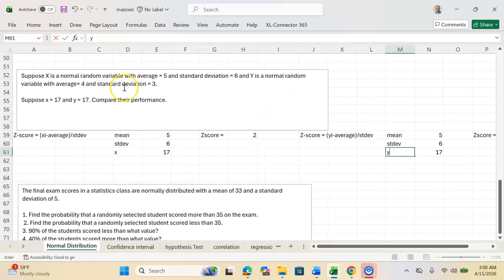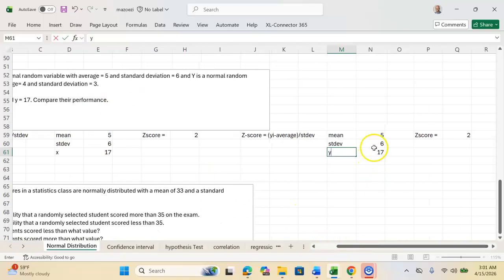So y is a normal random variable with average of 4 and standard deviation is 3. So we have 3 and then we have 4 and enter. So you can see the z-score for y is 4.33.